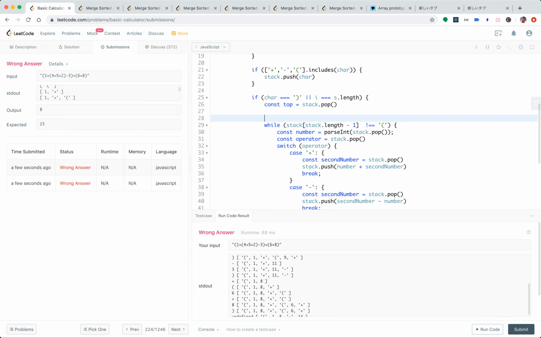So there are several cases. There was a number or it's a parenthesis.